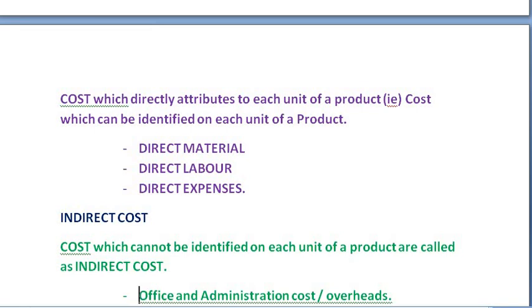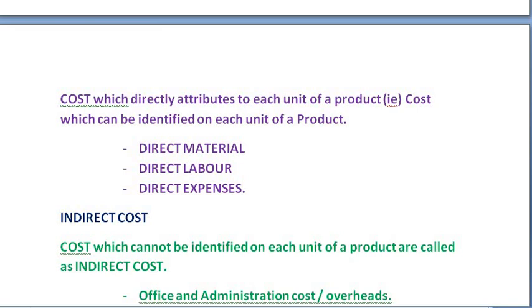For example, we can take labor. In order to manufacture a product, we are using labor. Labor is a person who is talented in a particular aspect; he has acquired a particular skill only in a particular area of operation, but he will not have knowledge in other aspects.